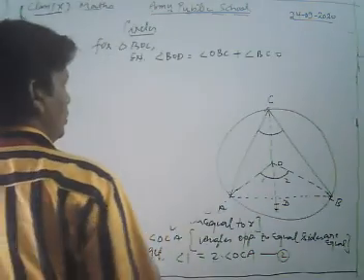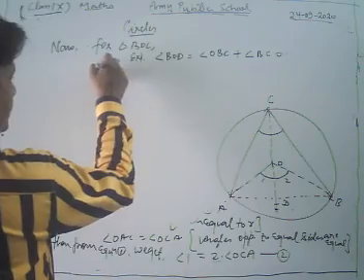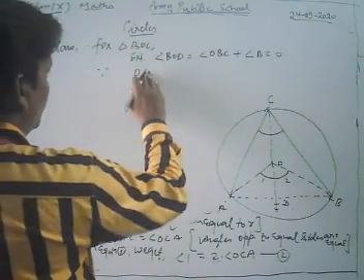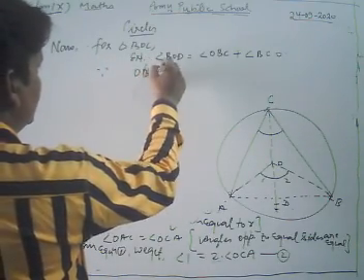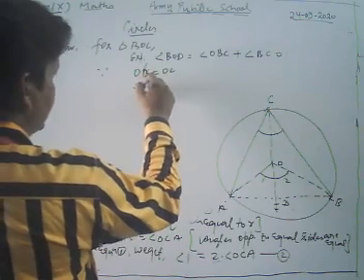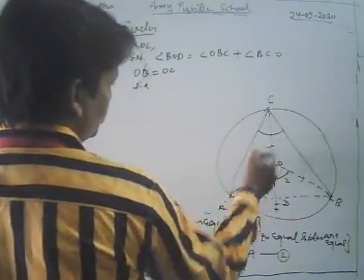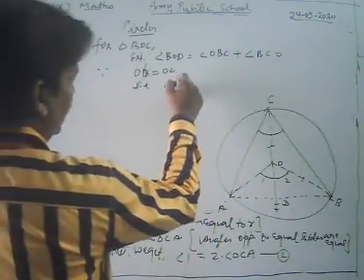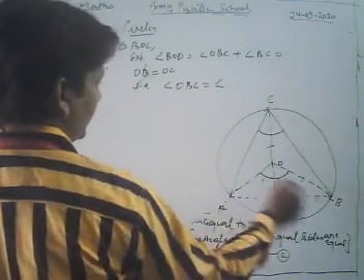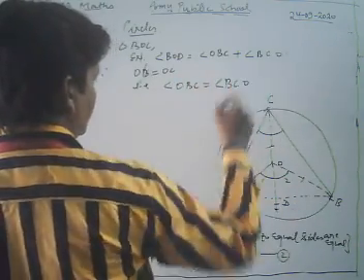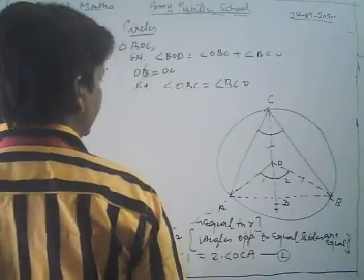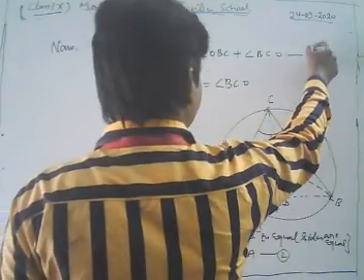Now look, here also OB is equal to OC. That is, if OA is equal to OC, then angle OBC must be equal to angle BCO. Take equation number 3.